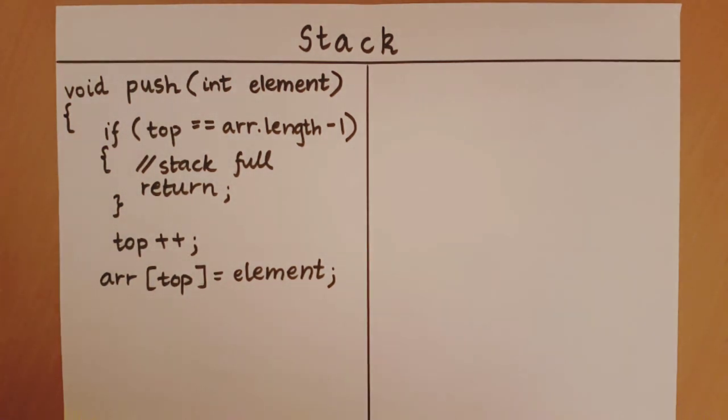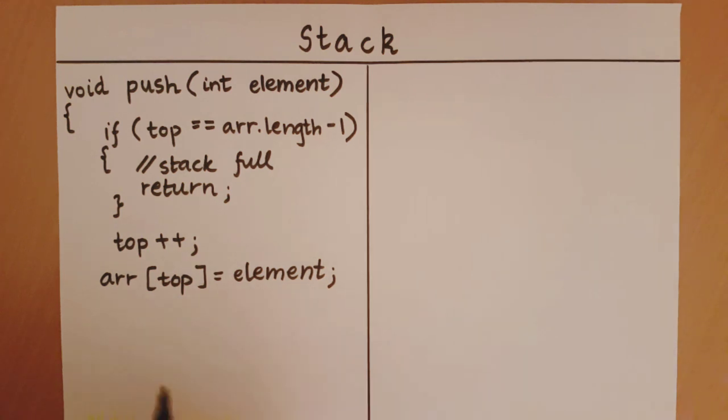So now we can try to understand why we have initialized top to minus 1. Now let's look at trying to push an element to the stack the very first time. Now the stack is not full, so this condition will not be upheld. Now we come to this line, top plus plus. Initially, the value of top is minus 1. When we perform top plus plus, top becomes equal to 0.